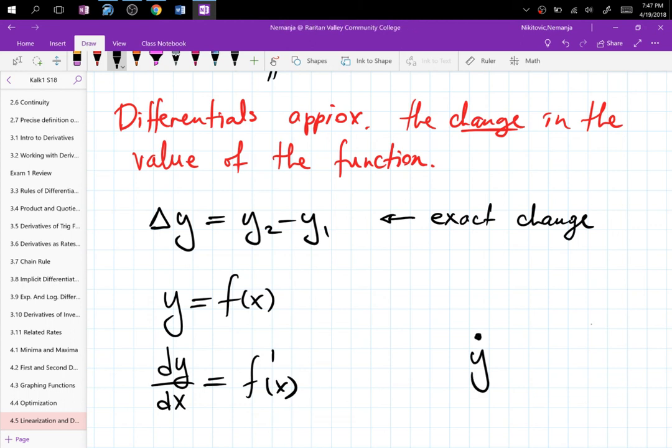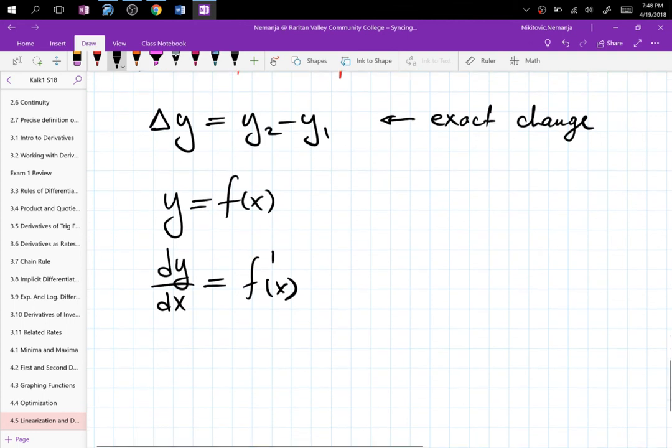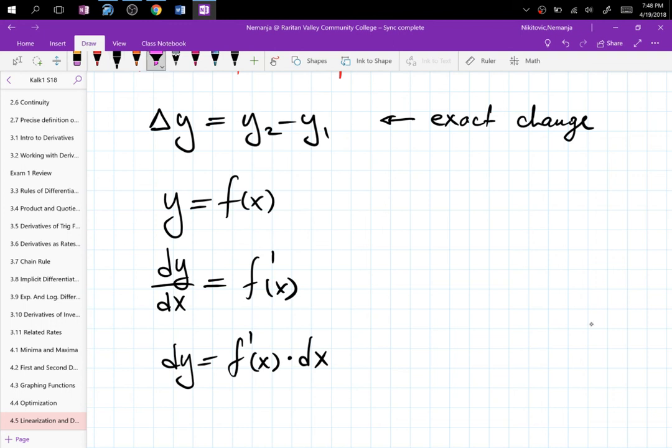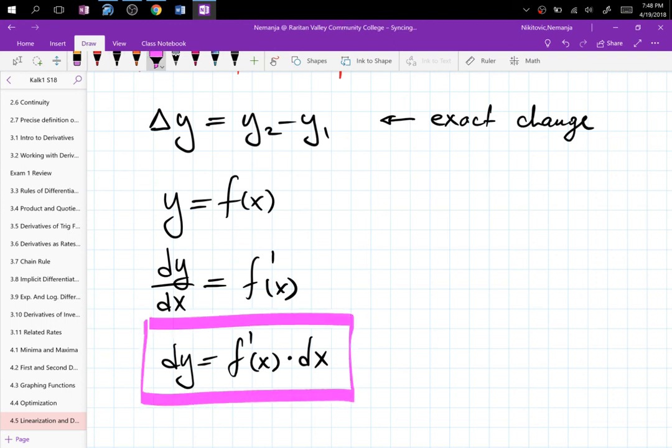That dot changed into a prime. So when you put f prime or y prime, that's modified Newton's notation. All I need to do is shift this dx to the other side. So dy is equal to f prime of x times dx. This is your differential.